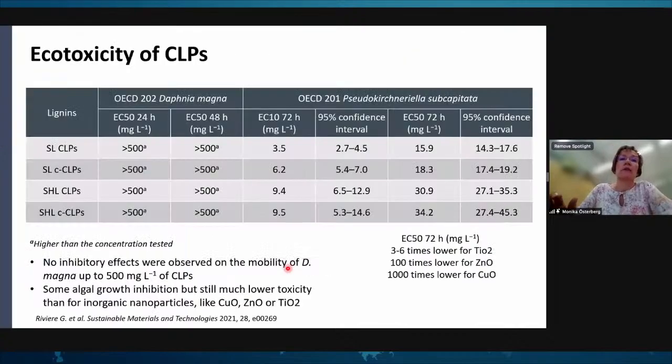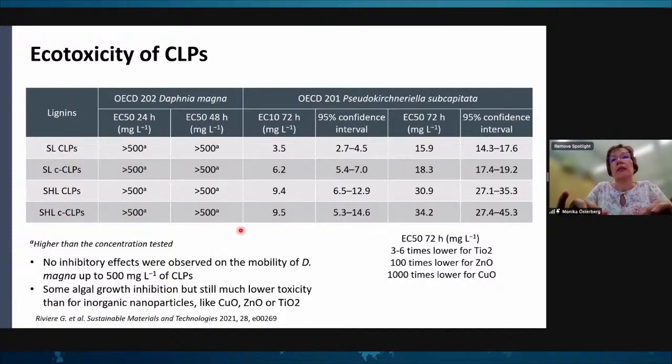So here are the results, and we studied soda lignin CLPs, either anionic, unmodified, or cationized, and then the soluble hydrolysis lignin CLPs and cationic CLPs made from the hydrolyzed lignin. If we look at the Daphnia magna, we see no inhibitory effect at all for any of these. Interestingly, the cationic is not bad either.